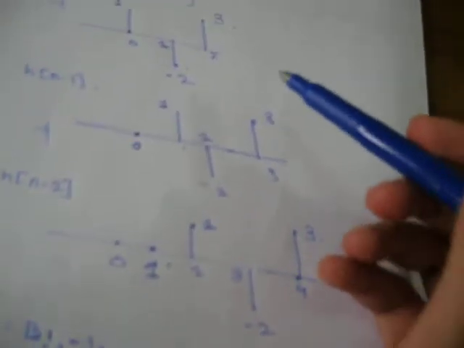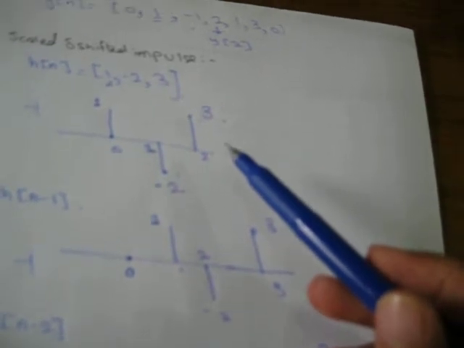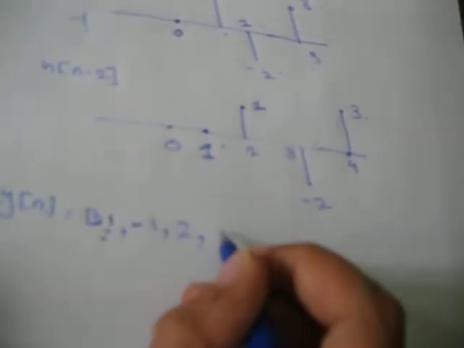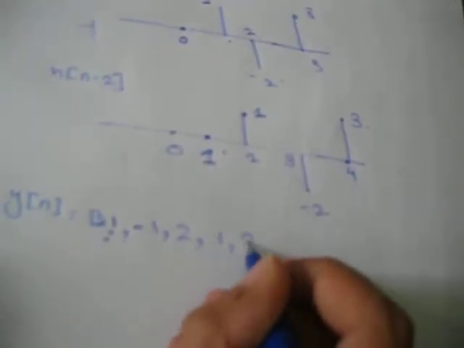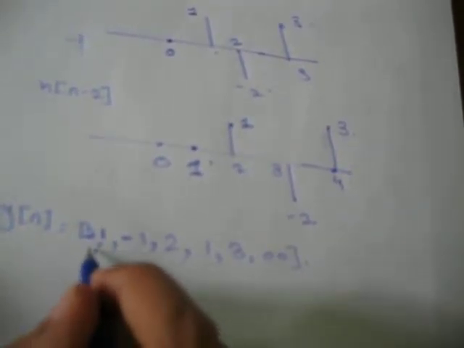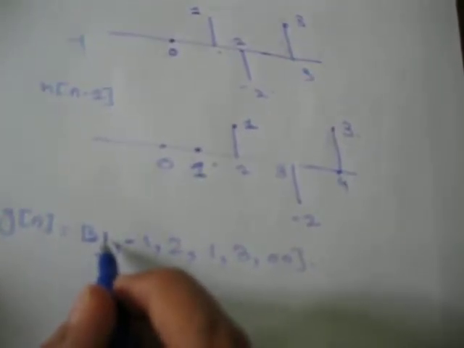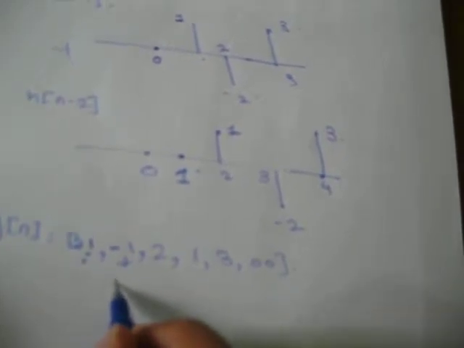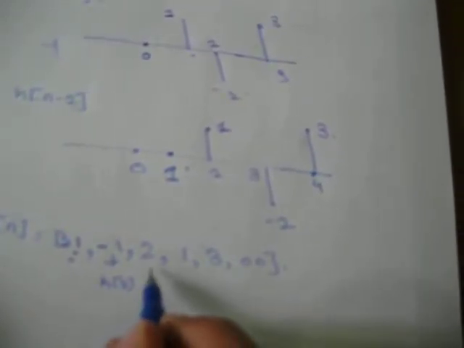And now index 2 will be 3 minus 2 plus 1, so 1 plus 1 is 2, and it continues like this. Now this is index 0, this is index 1, this is index 2, this is index 3, and so on.